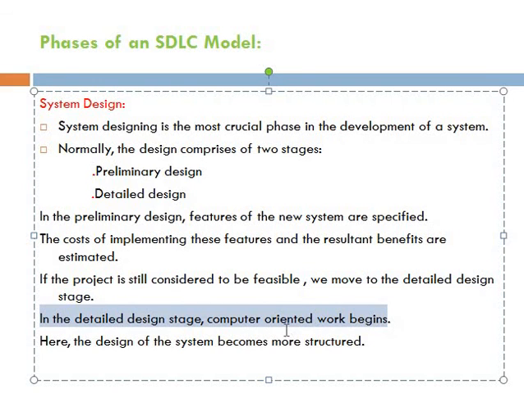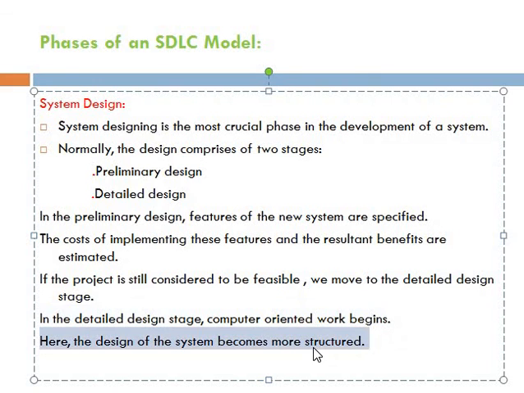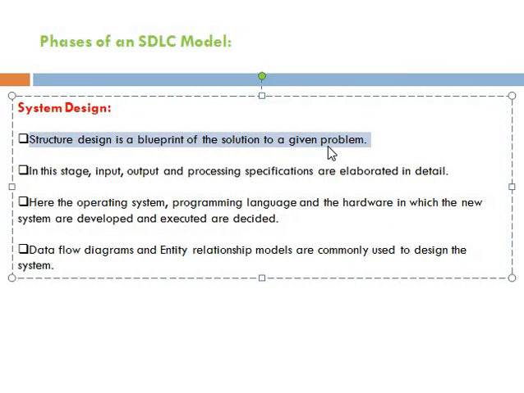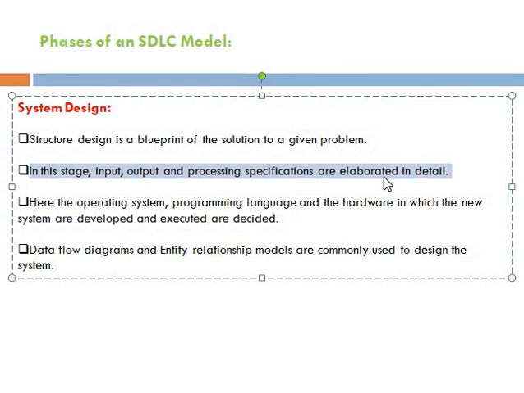In the detailed design stage, the computer-oriented work begins. Here the design of the system becomes more structured. The structural design is a blueprint of the solution to a given problem. In this stage, the input, output, and the processing specifications are elaborated in detail.